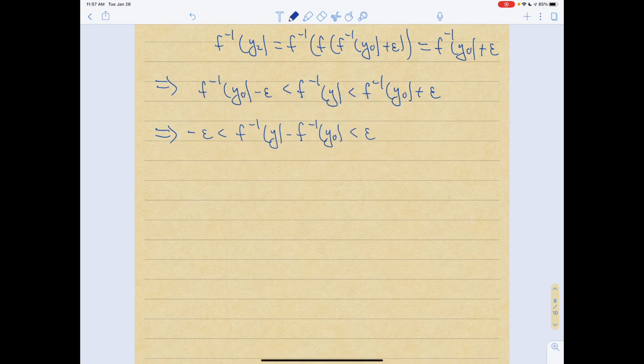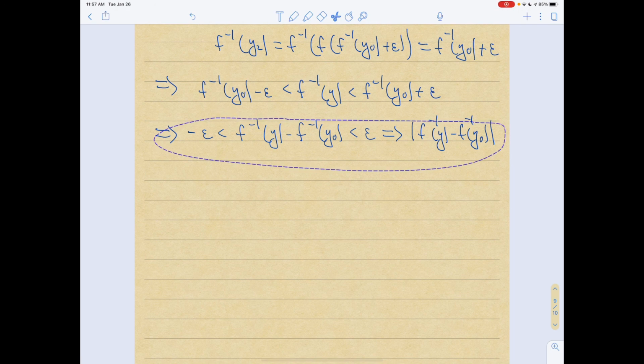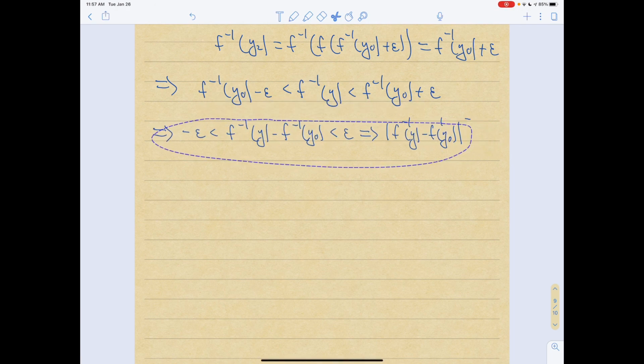Using the absolute value, the absolute value of f inverse of y minus f inverse of y0 is less than epsilon.